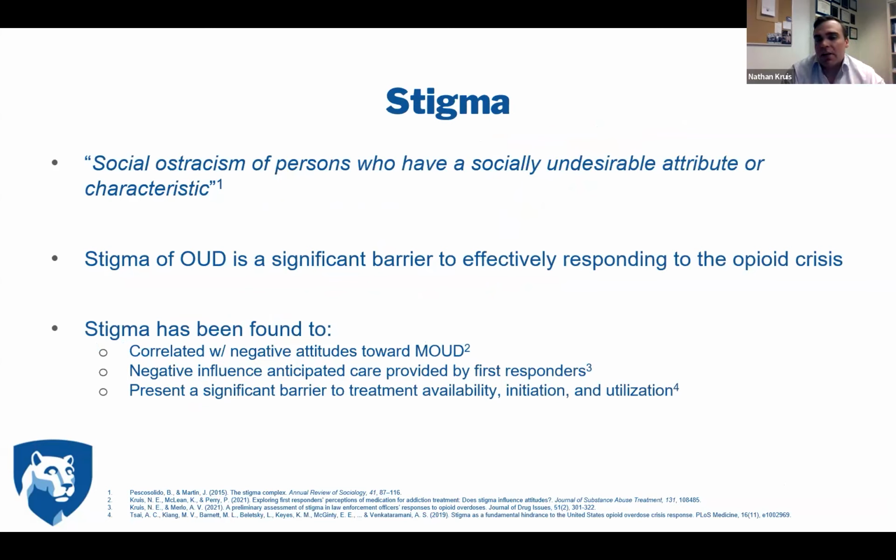Quite literally, individuals in our study who held high levels of stigma were less willing to provide a full range of services to someone who experienced an opioid overdose. And there's also an increasing number of studies that have found that stigma of OUD presents a significant barrier to treatment availability, initiation, and utilization.